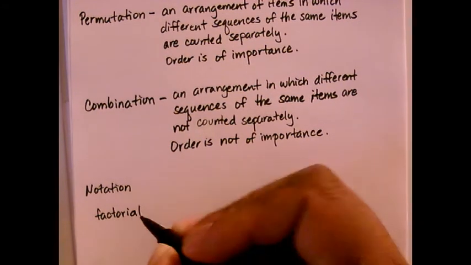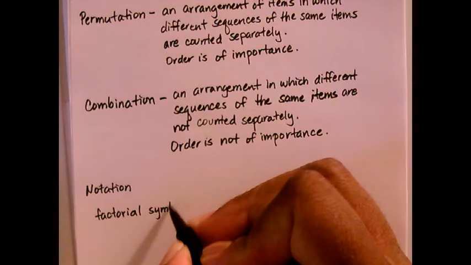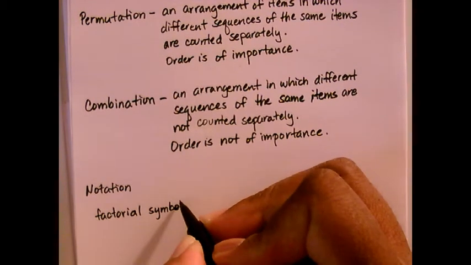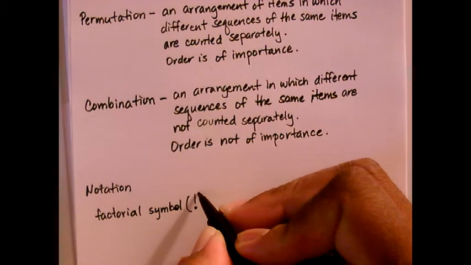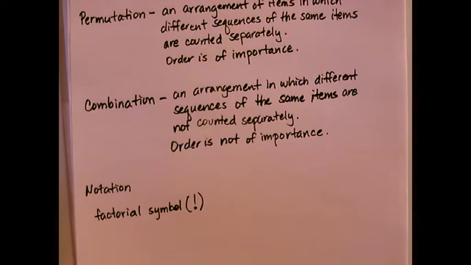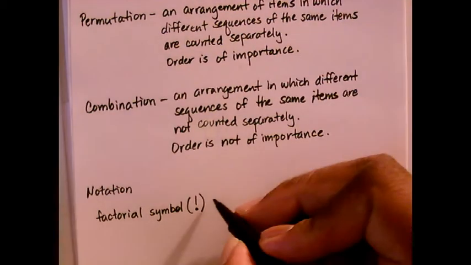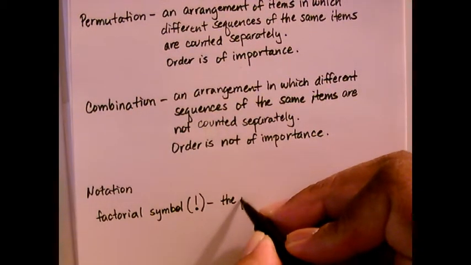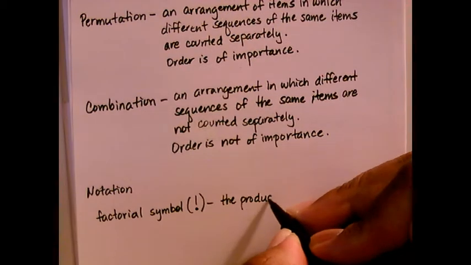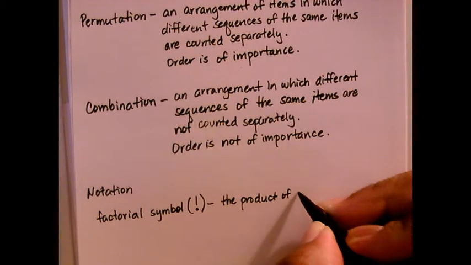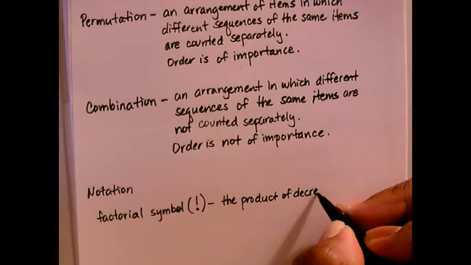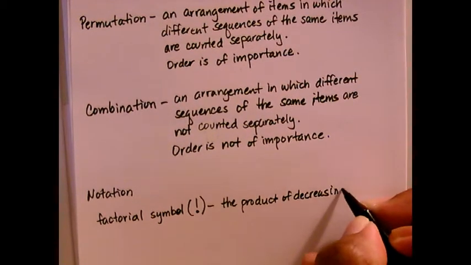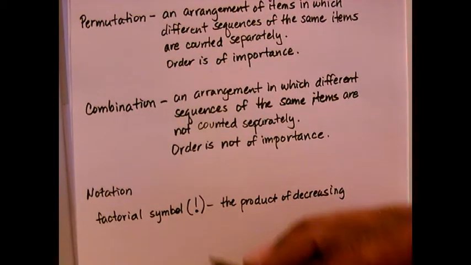Now, the factorial symbol is going to look like an exclamation mark because that's what it is. The factorial symbol in mathematics is the exclamation mark. What this denotes is the product of decreasing positive whole numbers.